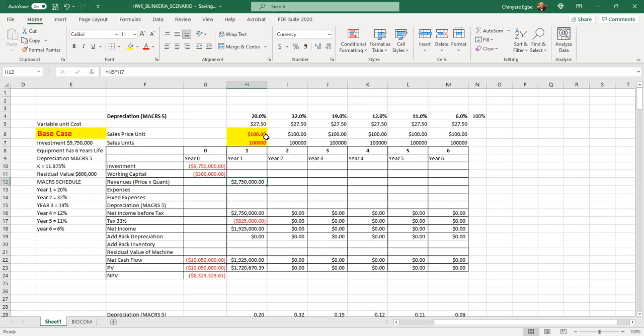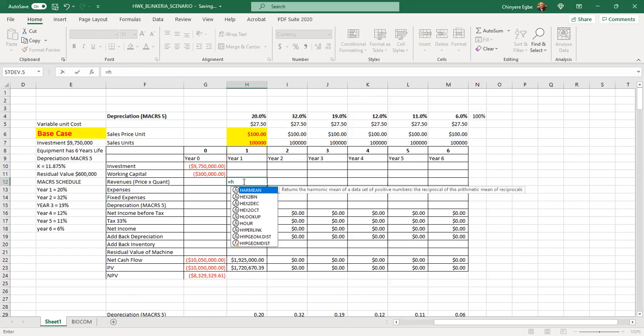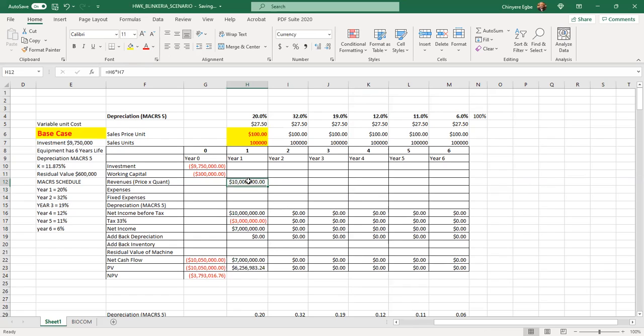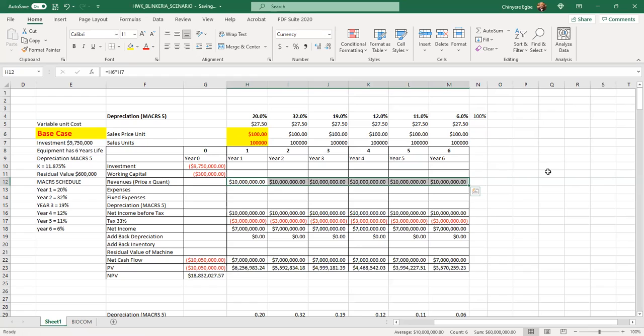The sales price per unit is in H6, and the number of units sold is in H7, and so this will be equals H6 times H7. All right. And so we drag this through, and lo and behold, we have $10 million.